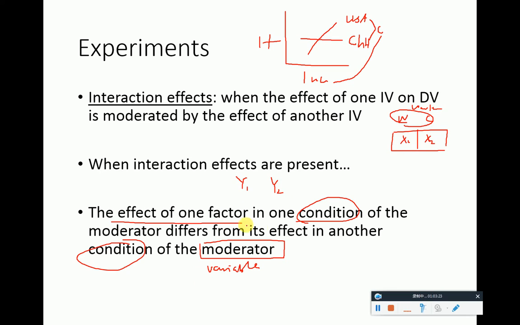So this simply means if there's a difference between y1 and y2, then we have a moderation effect, or we have an interaction effect. Simple, huh? Okay, let's be more concrete.